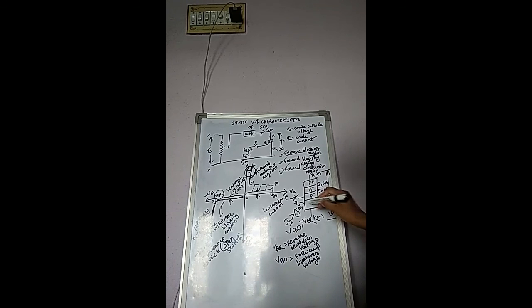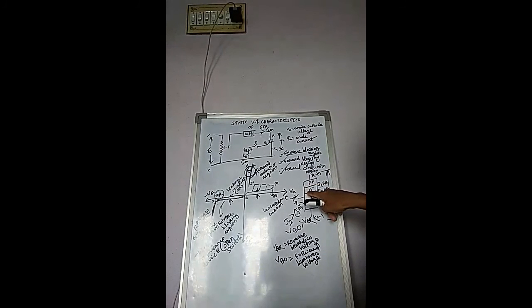Though it is lightly doped, the thickness of the depletion layer at junction J2 is greater as compared to the total thickness of junction J1 and junction J3, because here one highly doped layer, one lightly doped layer, and here also one highly doped layer, one lightly doped layer. That's why in this part the thickness of the depletion layer is greater.